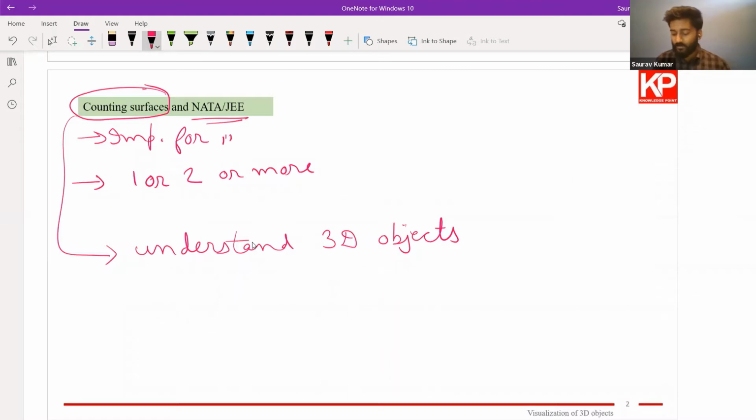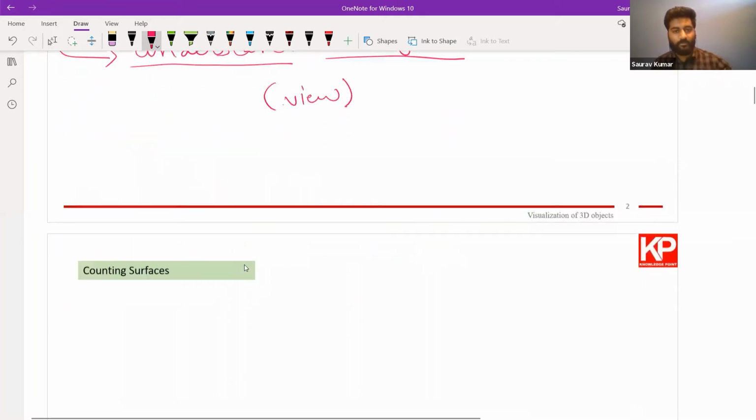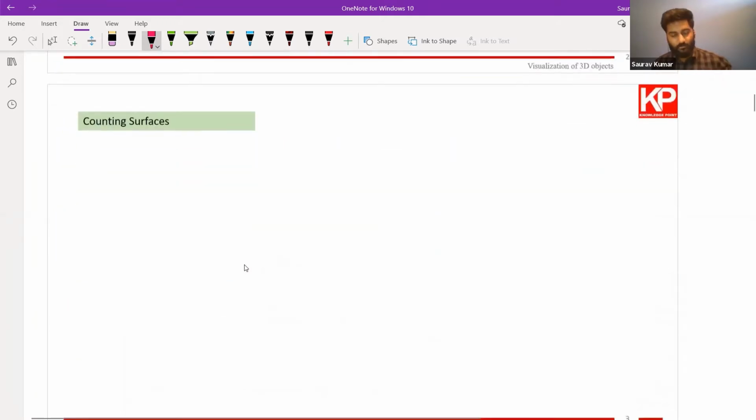In this heading of counting surfaces, sometimes they just give the name of it. So understanding the 3D object is very important. You need to know the view of it so that you can count the surfaces. Let's look at what things you need to keep in mind for this head.